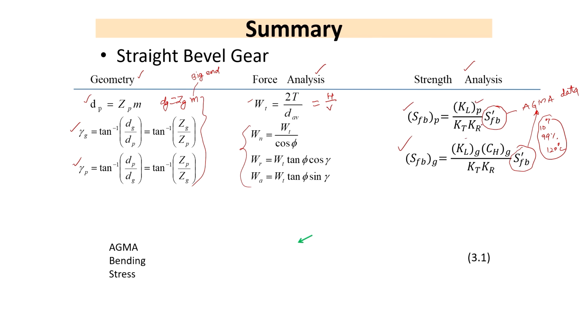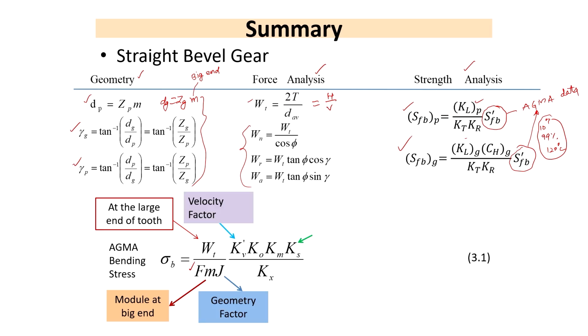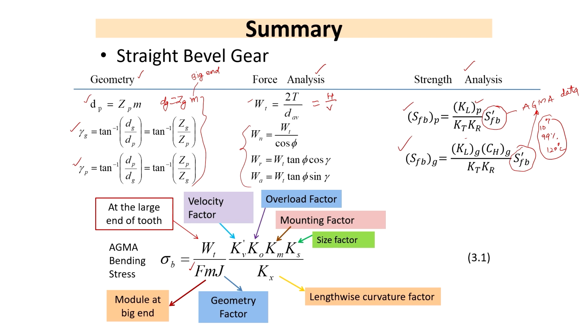So, let us see, the AGMA bending stress is given by this equation, where this WT is the transmitted load based on the large end of the tooth or the average pitch diameter. Then this is the module, this is the face width, this is your geometry factor, this one is the velocity factor or the dynamic factor, overload factor, mounting factor, the size factor and the lengthwise curvature factor.